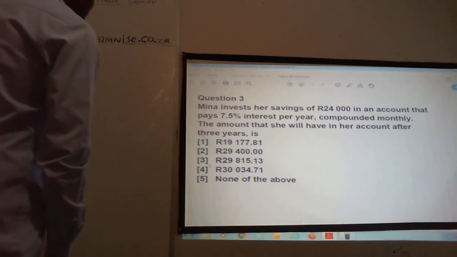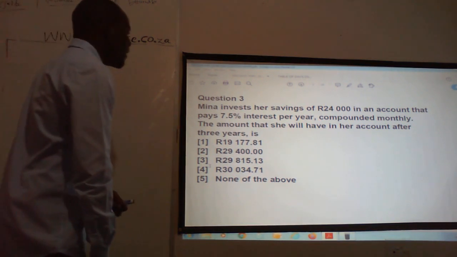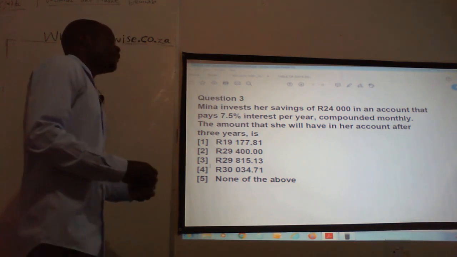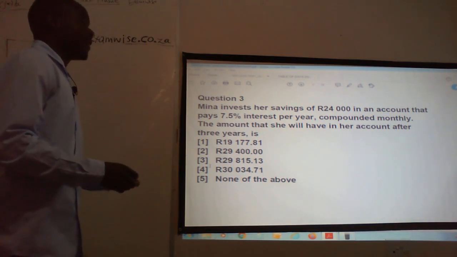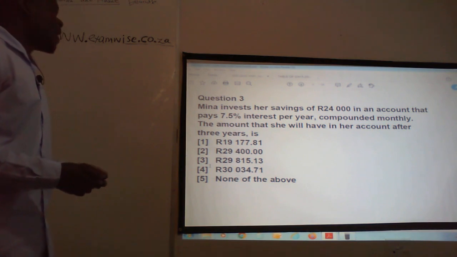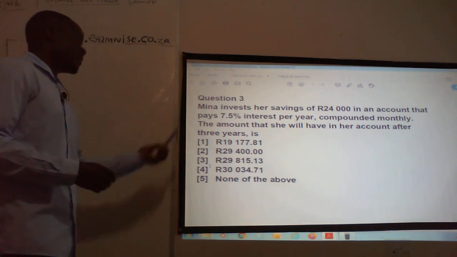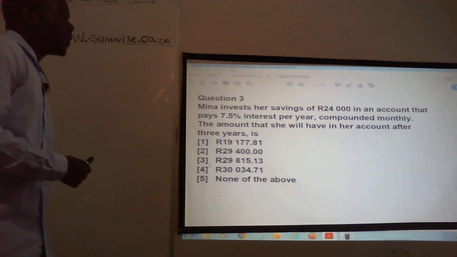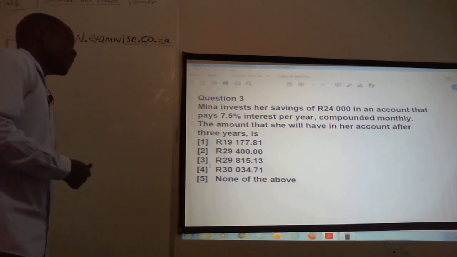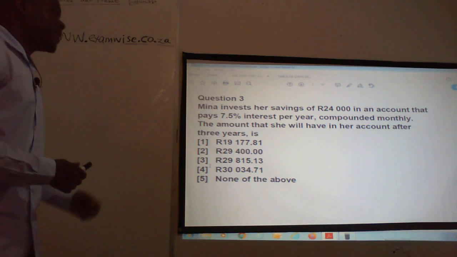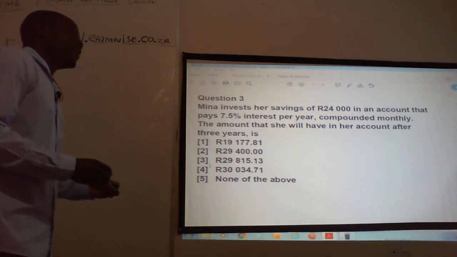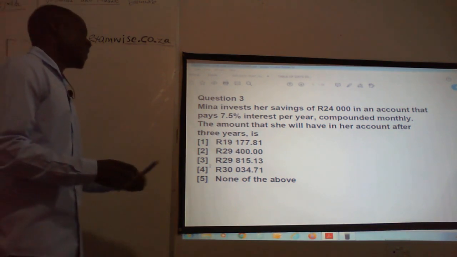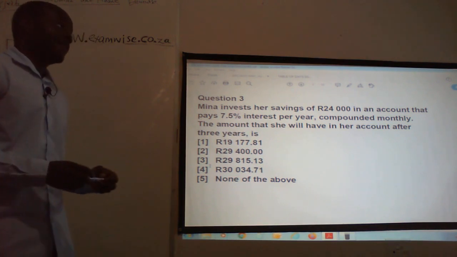So question 3: Mina invests her savings of 24,000 in an account that pays 7.5% interest per year, compounded monthly. The amount that she will have in her account after 3 years is.